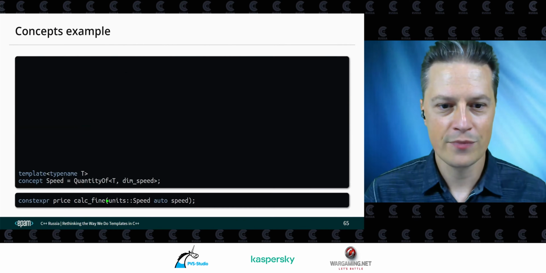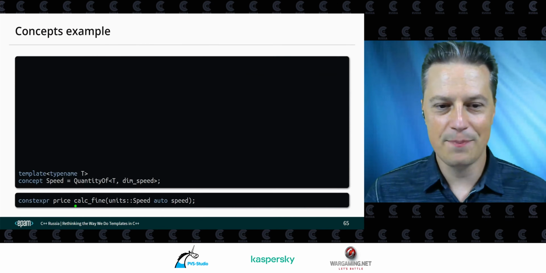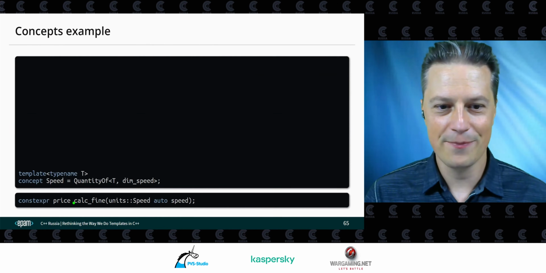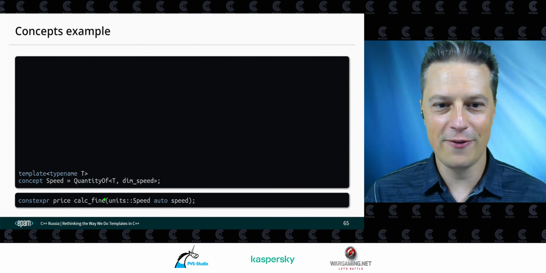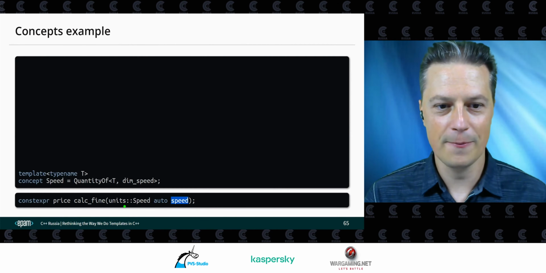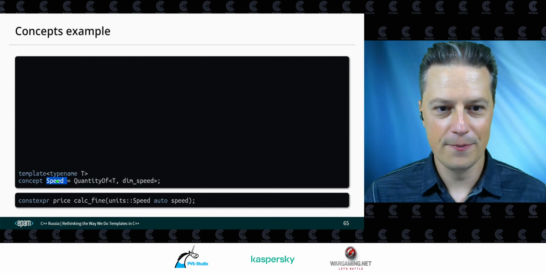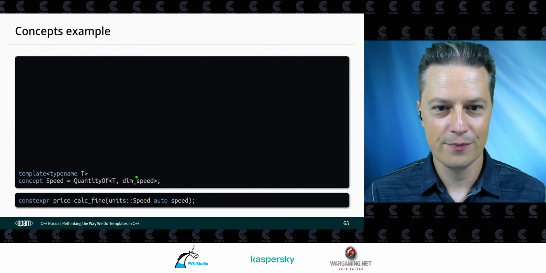For example, let's play a policeman game, and let's calculate a fine for a speeding, right? So we return the price here. The speed is quantity of dimension speed.